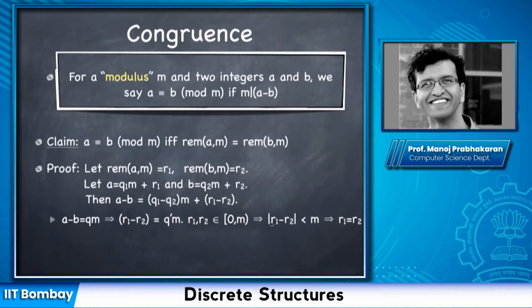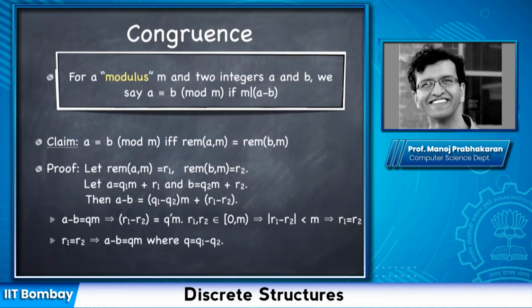So think of R1 as greater than or equal to R2. So R1 minus R2 is some number in the range 0 to M minus 1, which also happens to be a multiple of M. But there is only one such multiple of M in that range, and that is 0. So R1 minus R2 has to be equal to 0. That means R1 equals R2.